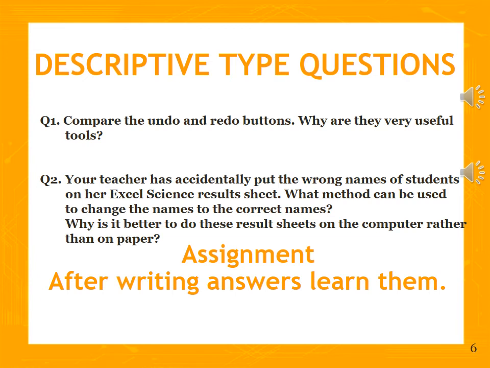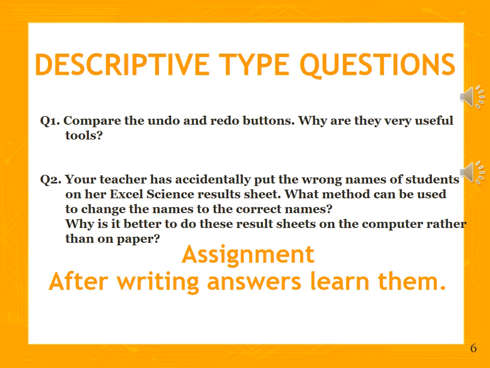If we realize that we had not made a mistake or edited the contents, we can use the redo button. Students, if anyone missed something, you can replay the video and complete your answer.